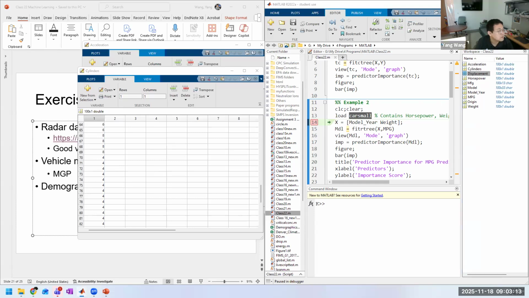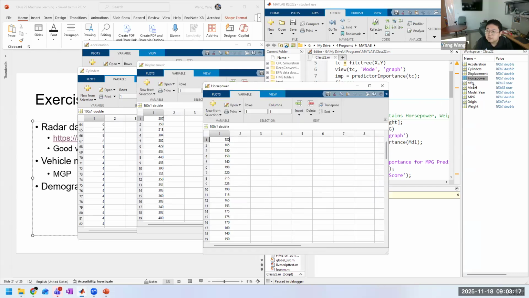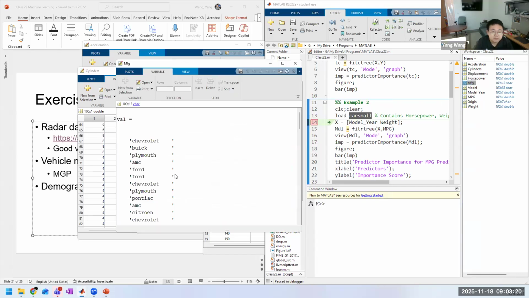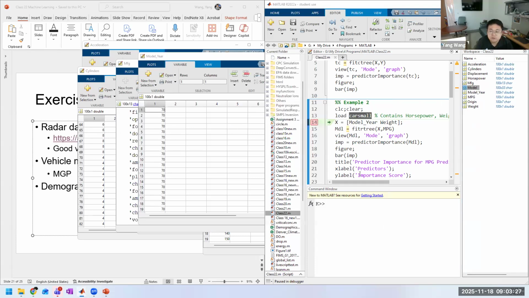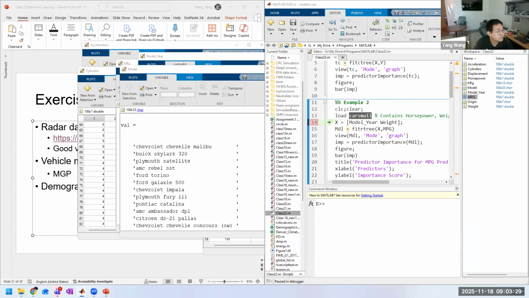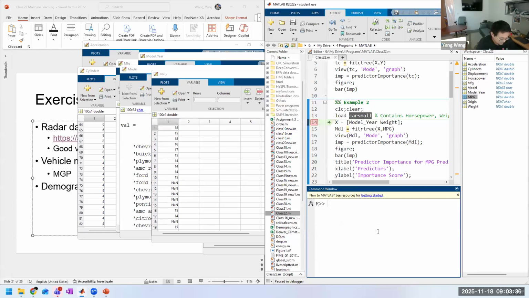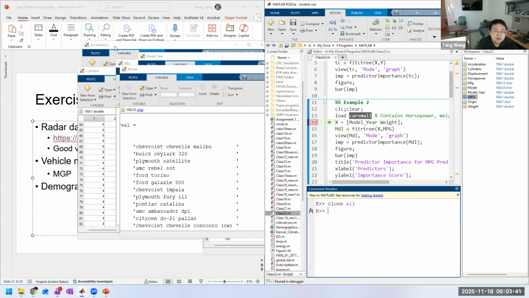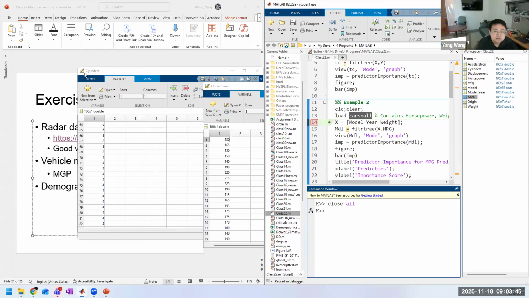Displacement, horsepower, and then manufacturer, to compare different types of vehicle, model year, and model. Of course, the most important data that we want to show is the miles per gallon data. Origin, weight, and so on. So basically, now the problem is, can we identify the feature that is most important?